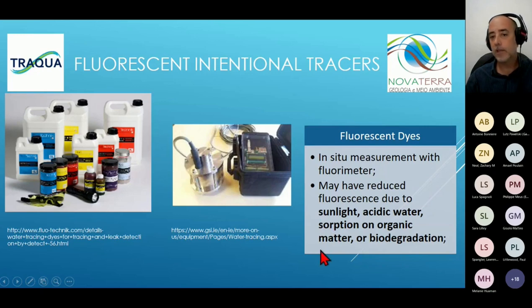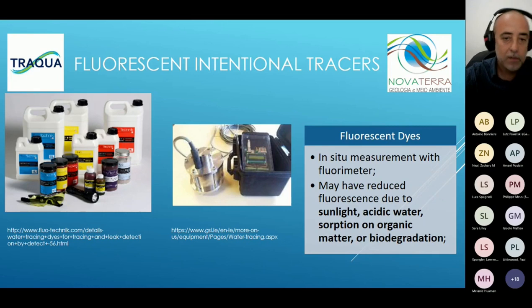Now we have some limitations of this fluorescent tracer. So it is important to assess the water quality because acid water can react with the tracers. We have here a lot of tailings dams from gold mines. It is common to have acid drainage.